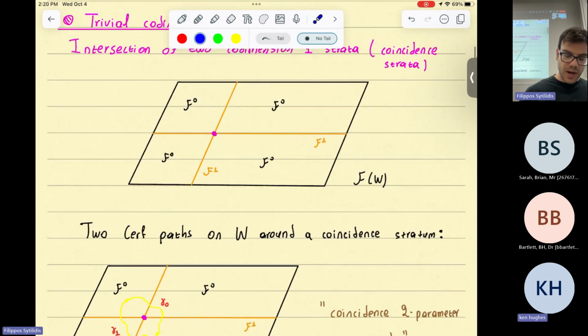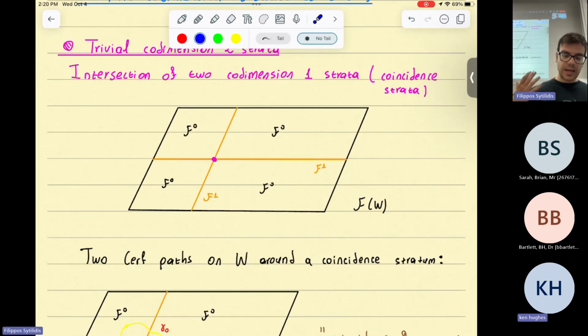So the way those would sit in F of W is I would have some connected components of F0, which in 0 strata, these are the excellent Morse functions, and then I would have a component of F1. This could be either F1 alpha or F1 beta. So this could either have cusps or crossings, and I would have another connected component.